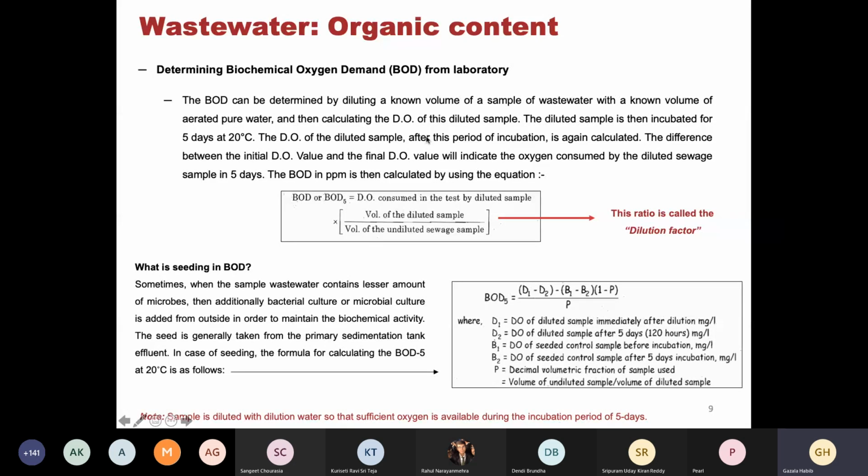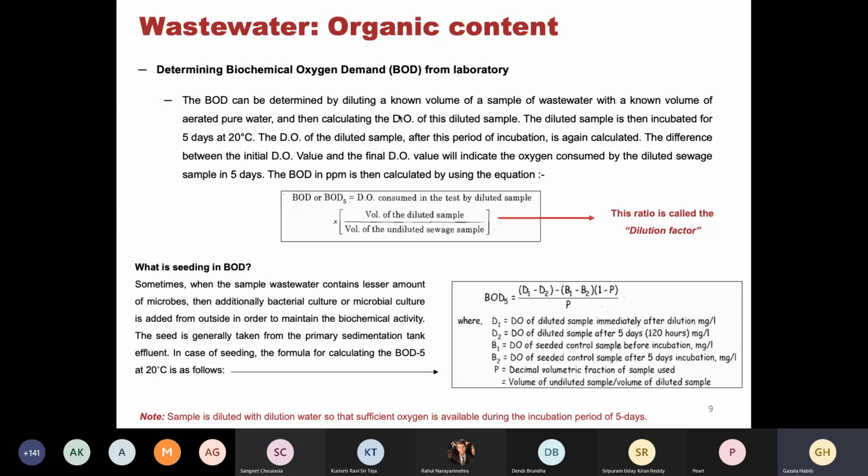First, we determine the DO, dissolved oxygen, of this mixture on the first day or day 0, and then we keep it for incubation for 5 days at 20 degrees centigrade. After 5 days we again measure the DO of the mixture, and the difference between the DO before and after gives us the dissolved oxygen consumed.